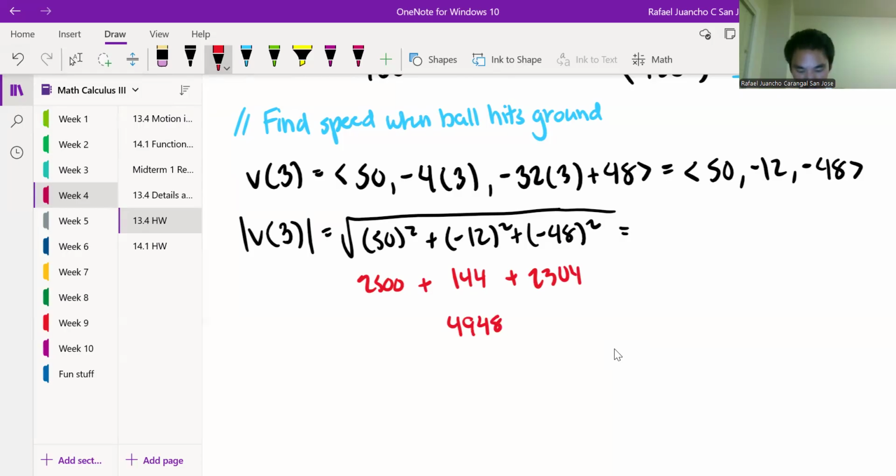I get the square root of that. That number is kind of messy, so I approximate again. I get 70.3 feet per second.